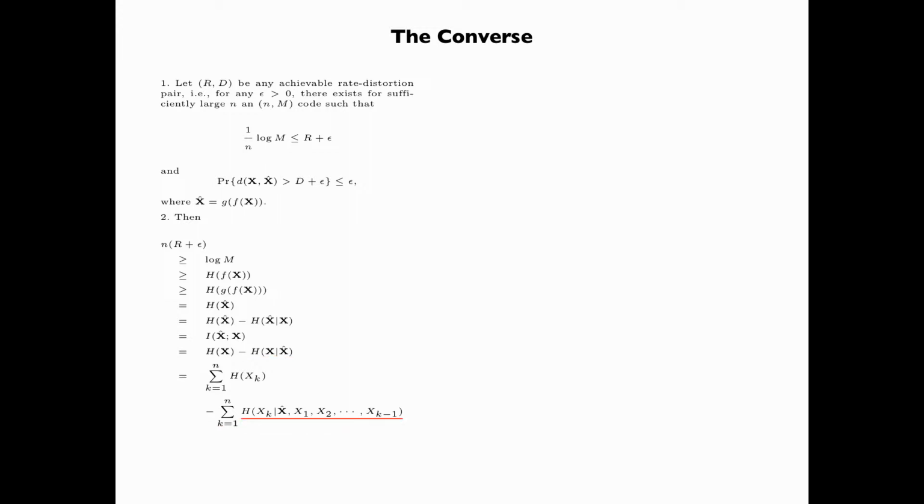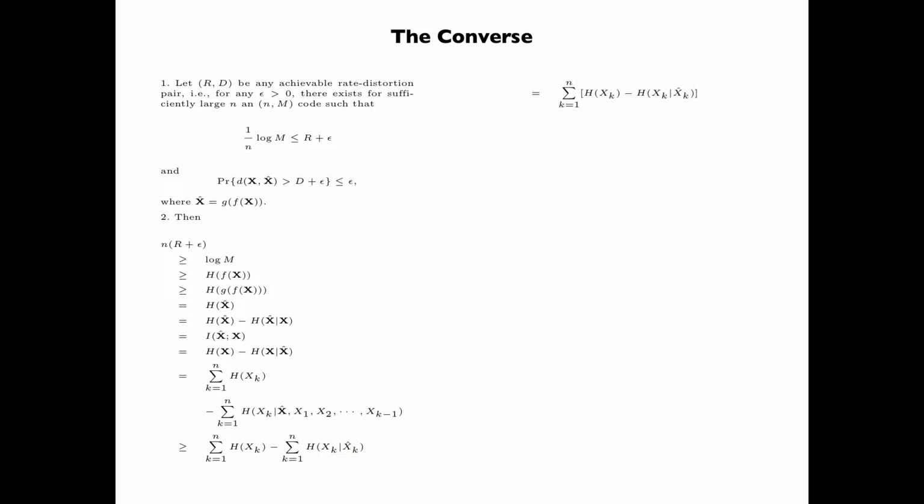Now this conditional entropy is upper bounded by H of xk given xk hat because conditioning does not increase entropy. What we have done here is to drop all the random variables in the conditioning except for the random variable xk hat.